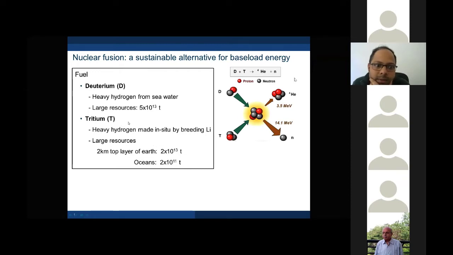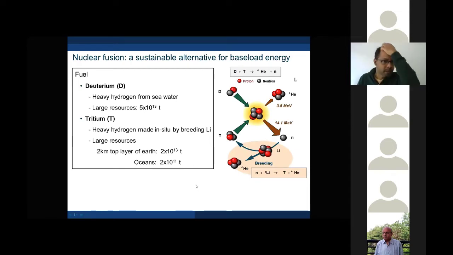Due to that, tritium has to be prepared on site, by what is called breeding. Once the neutron is slowed down, it is made to hit a lithium ion, and this gives us tritium. In a way, one can have a self-sustaining fuel cycle, and we have an enormous amount of lithium in the top layer of the Earth and in oceans.